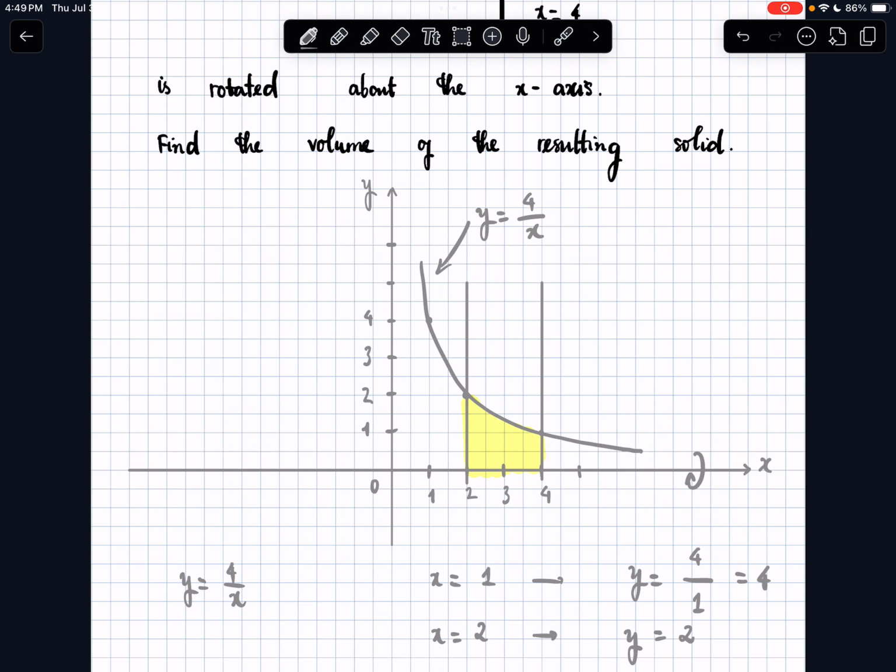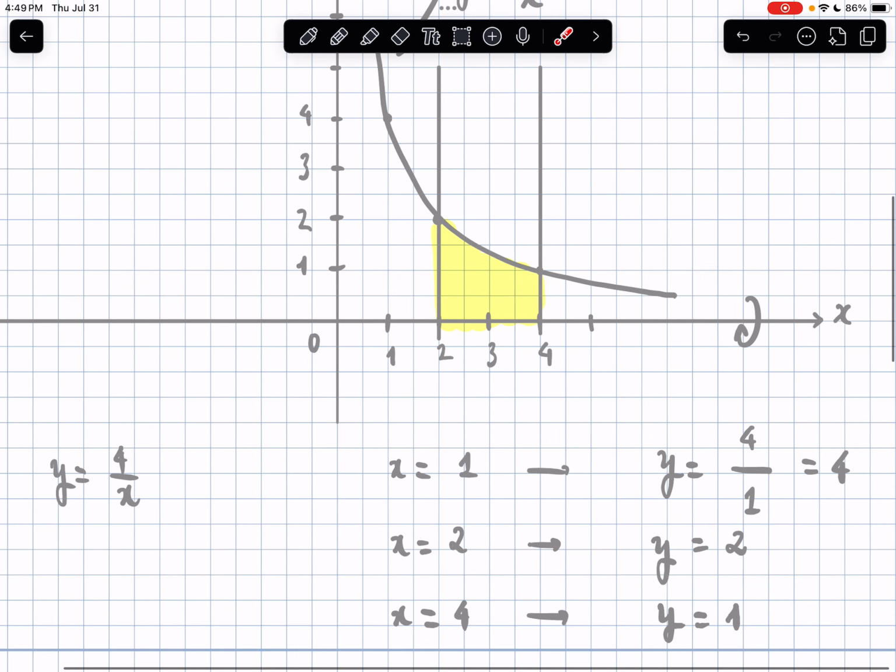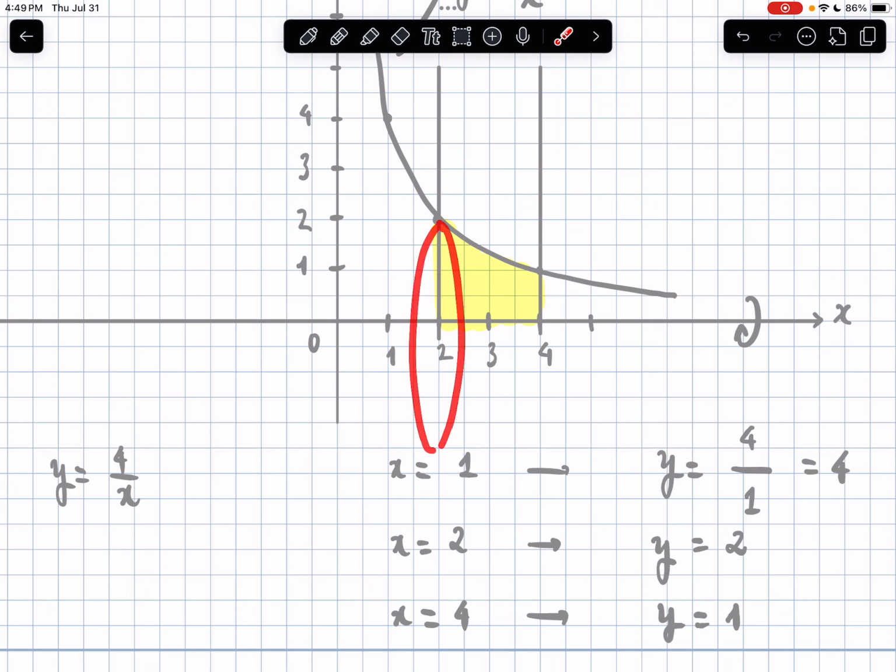Okay. So here's a graph of the region. Now, if we rotate this one about the x-axis, what it looks like is like this, and every point on this curve y equal to 4 divided by x gives us a disc. So the solid would look like this.